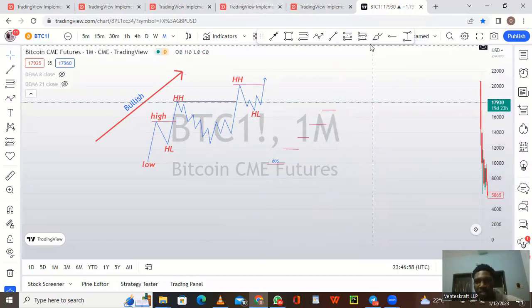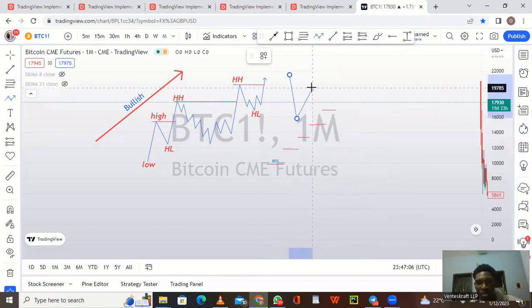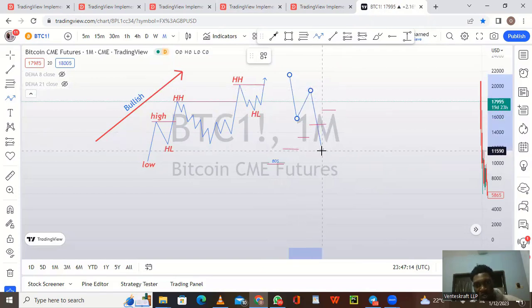Okay, so you have it in this form. You have a high, a low, a lower high, and then you have a lower low. And the next thing you might be seeing is something like this. You see the market creating internal structure.